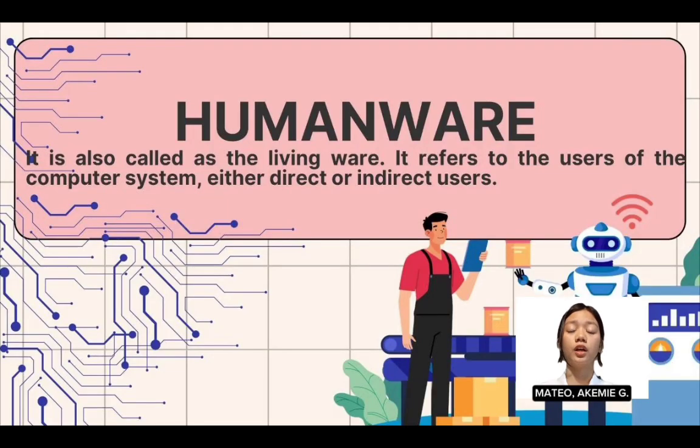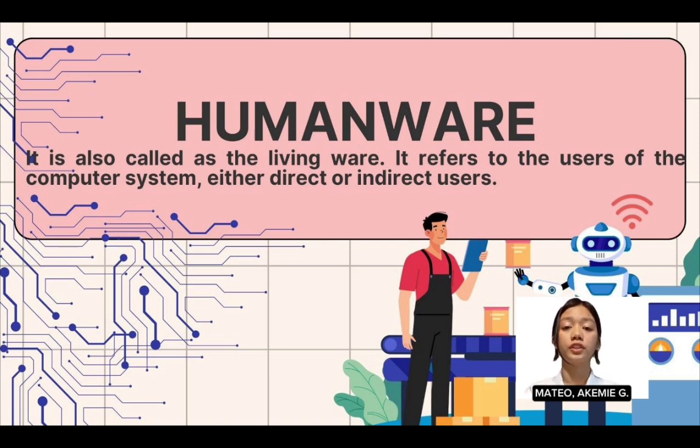Let's proceed to the humanware. Humanware refers to the combination of human skills, knowledge, and abilities that are used to design, develop, and implement technology systems. It encompasses the social, cultural, and psychological aspects of technology development and use.